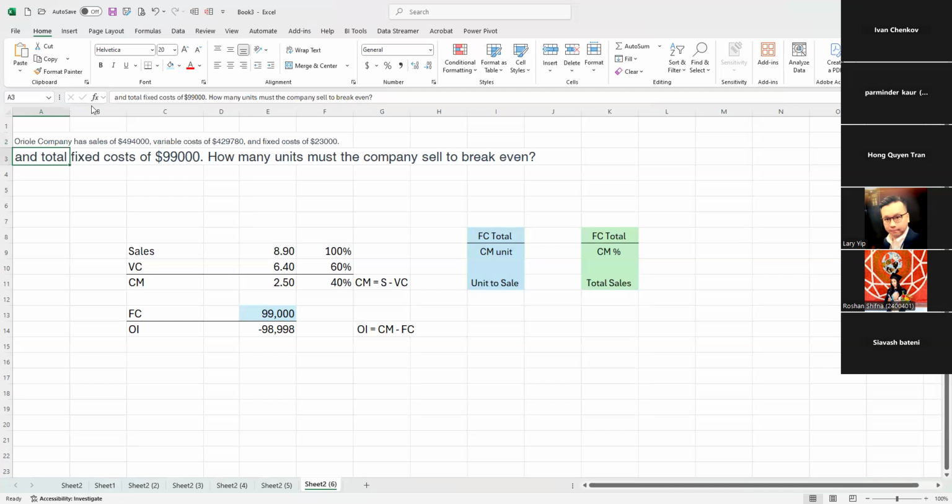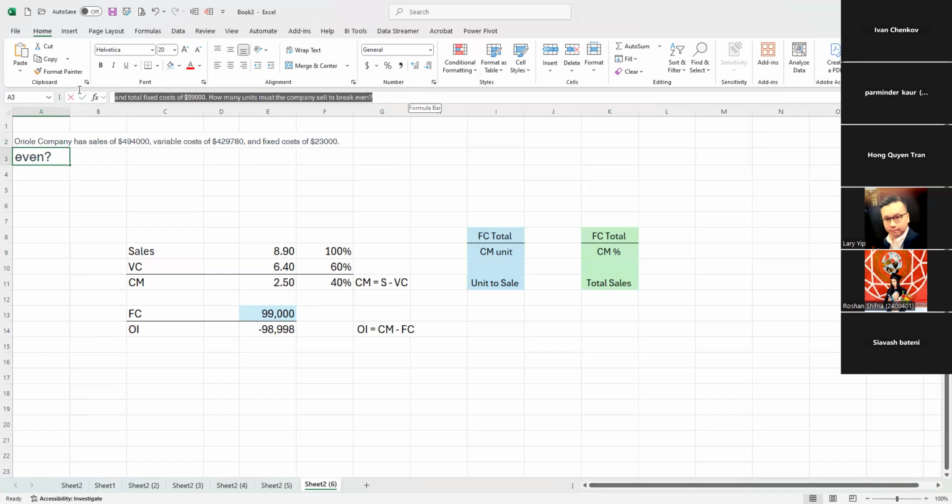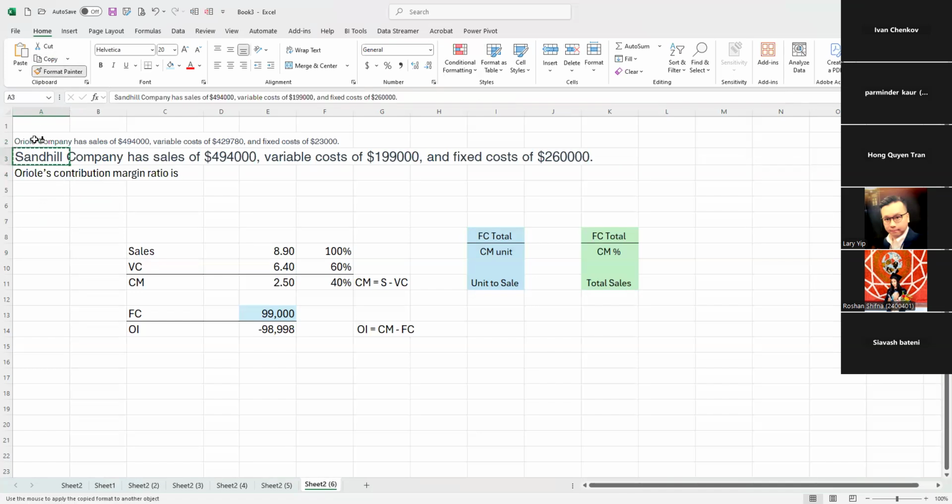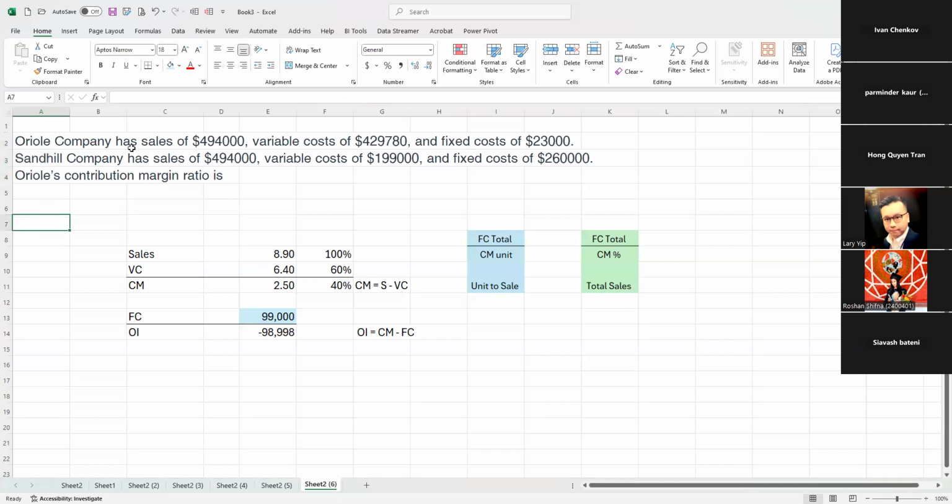Oh, this one. Okay. Let's make it equal here.